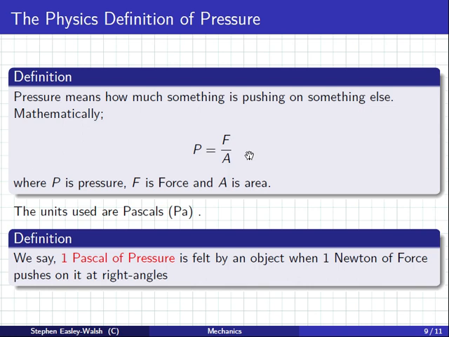It's when 1 Newton of force pushes at right angles, it needs to be perpendicular, over 1 meter squared. Your definition is fine. Just add in the words right angles or perpendicular. So you said 1 Pascal of pressure is when 1 Newton is applied over 1 meter squared at right angles. And then you're fine. Or you can just write mine down, whichever you prefer.